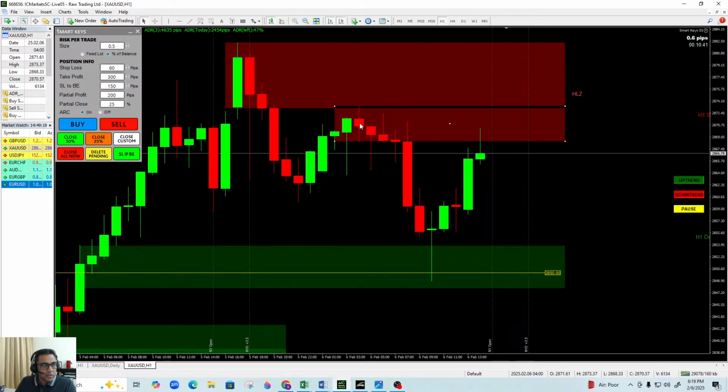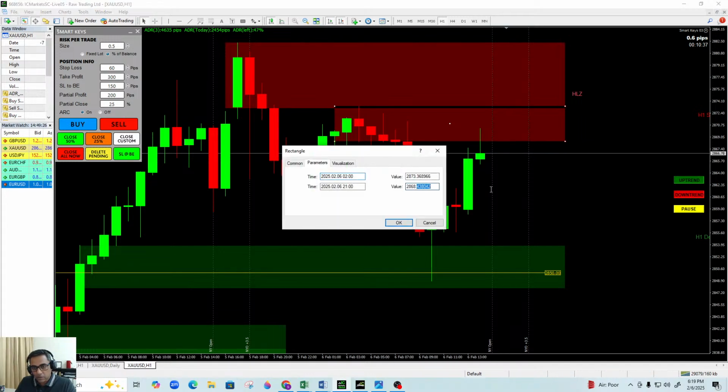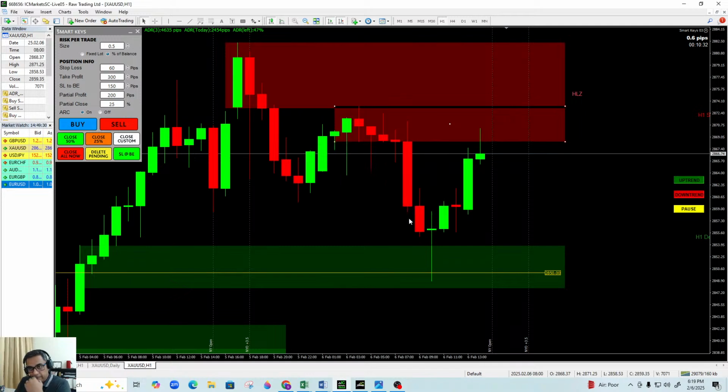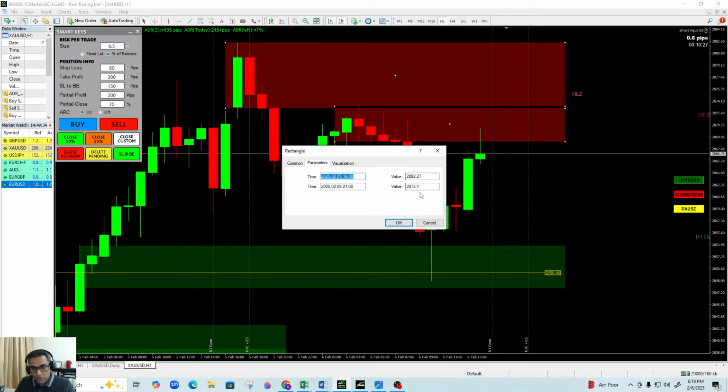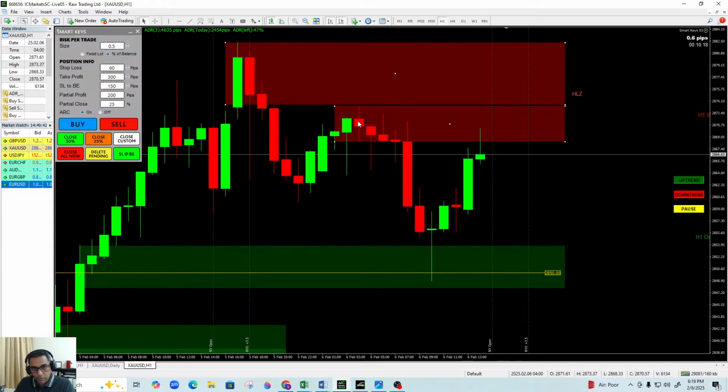So the high of this is 337, close is 338.33. Okay, I don't like to see these zones overlap each other, so yeah, that's better.